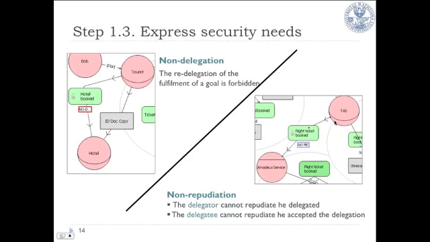So when TAS relies on the Amadeus flight service to have flight tickets booked, it might require the Amadeus flight service not to deny that it has accepted the delegation, but at the same time the Amadeus flight service could express the security need of non-repudiation to the TAS so that it doesn't deny later on that it has delegated this goal to the Amadeus flight service, so that he doesn't achieve a goal that he supposedly was not delegated by anyone.